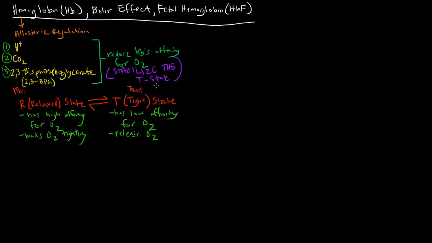So let's talk about how this works, taking each one at a time. Let's do proton concentration. If we have hemoglobin bound to oxygen, which we denote HbO2, and we add H plus, protons, we shift the equilibrium.